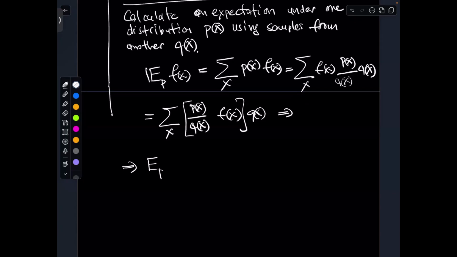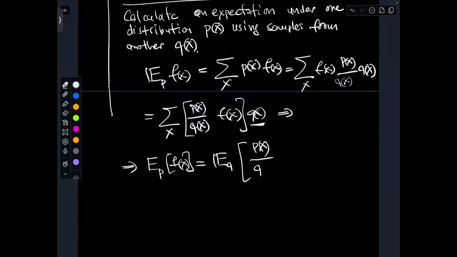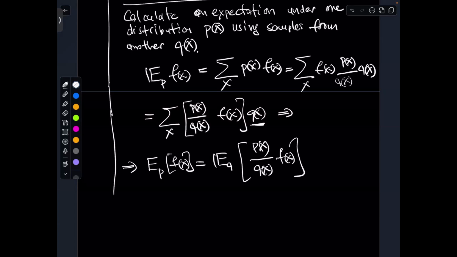The expectation over p of f of x is the expectation over q of what is my function now? p of x divided by q of x times f of x. That's it. That is how importance sampling can help us here, because as I'm training, I'm changing the parameters of the network.